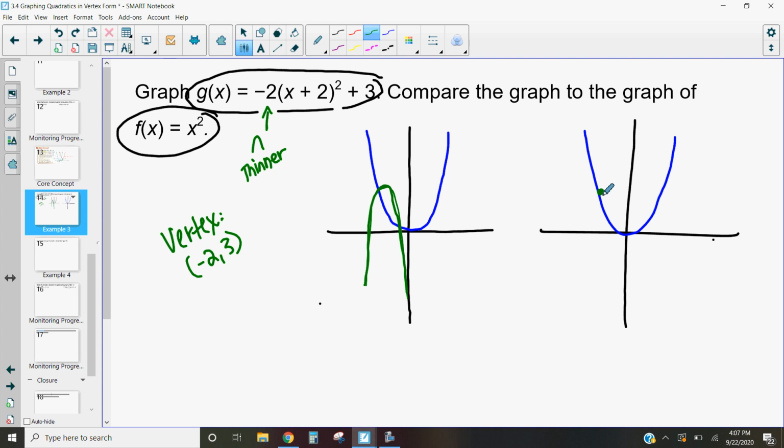Now this -2 tells me what my function is going to look like. It's going to open down, and it's going to be a little bit thinner than the original one. If I wanted to find those exact points, I could, but we don't have to. So it's going to get thinner there.